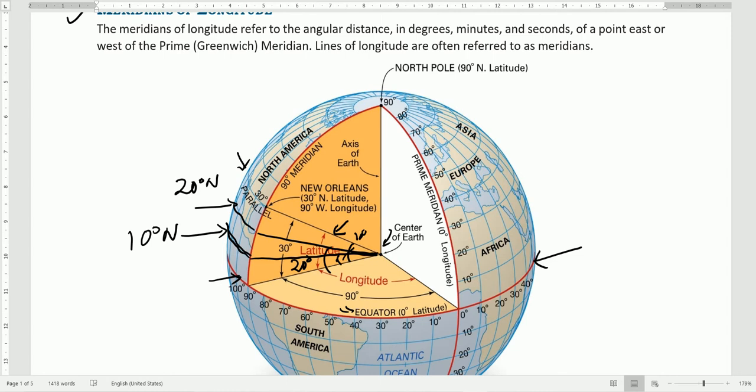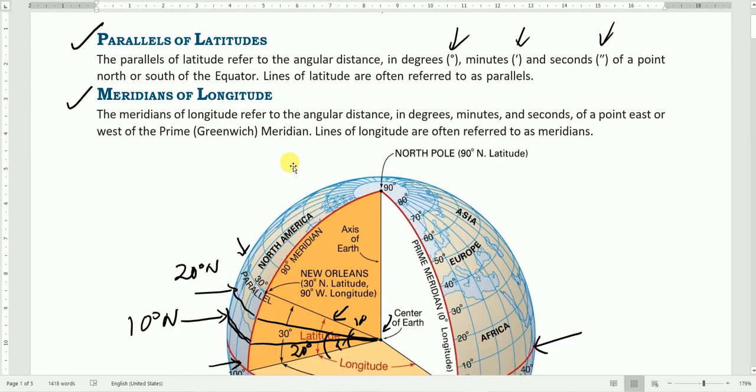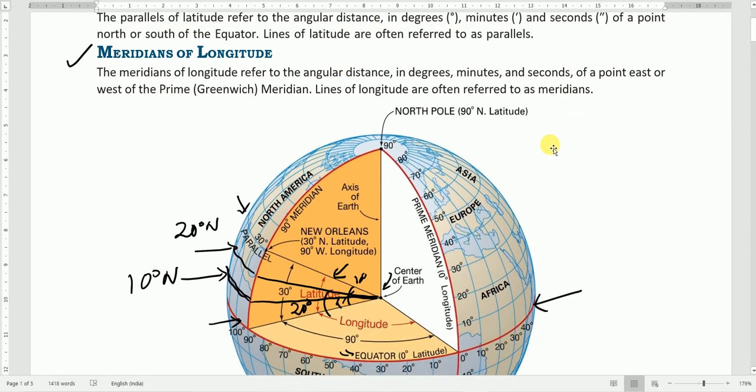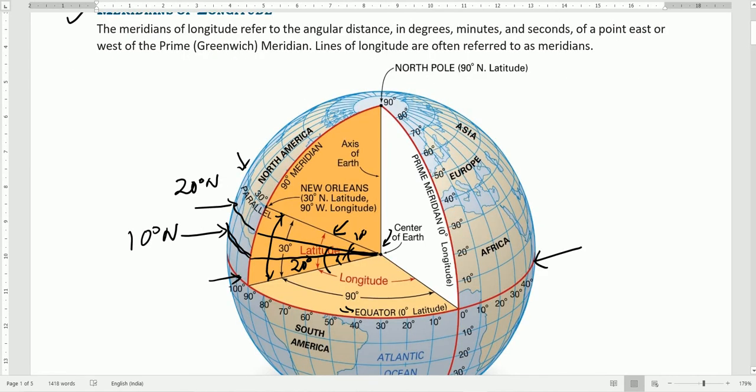So this is the meaning of these parallels of latitudes. Just remember, parallels of latitudes refer to the angular distance in degrees, minutes, seconds of a point north or south of the equator. Angular distance between the equator and another line, north or south of the equator.